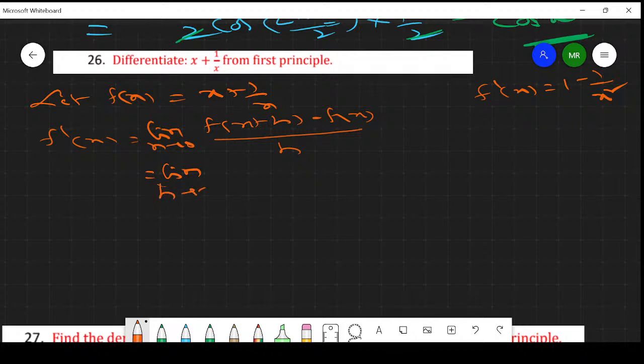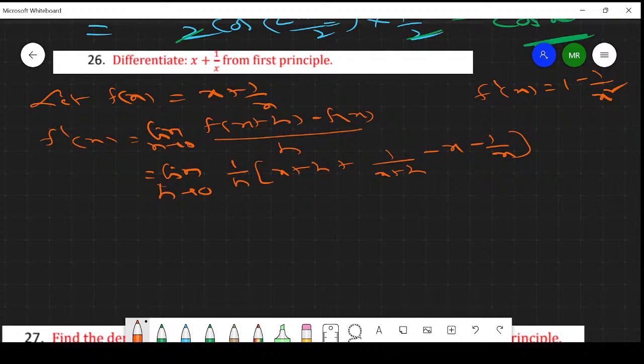Limit h tends to 0, I can write 1 by h into f of x plus h minus f of x. F of x plus h means replace x with x plus h. You will get x plus h plus 1 by x plus h, minus f of x, which is minus x minus 1 by x.